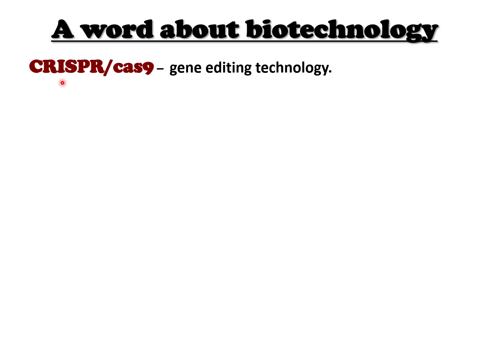CRISPR-Cas9 is the ability to target specific changes in genes. I'll give you an example. They can now cure sickle cell anemia in patients who have sickle cell. They give them some chemicals in order to isolate the stem cells from the bone marrow. Then they apply CRISPR-Cas9 to turn off the adult hemoglobin.